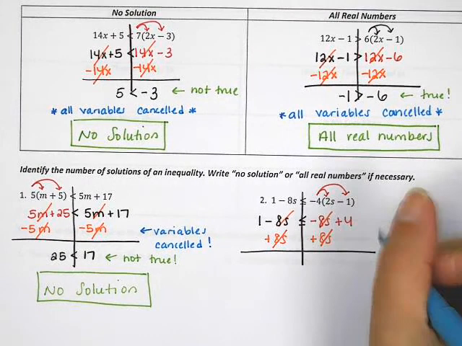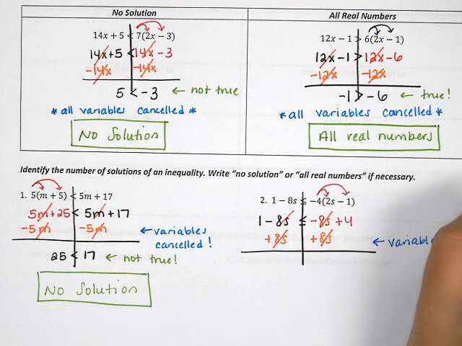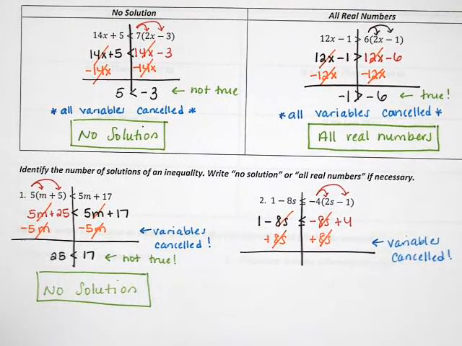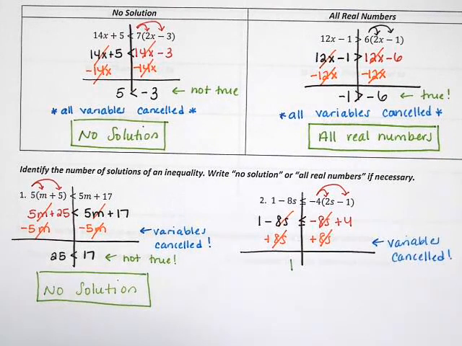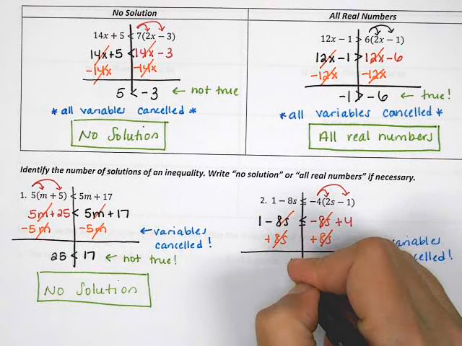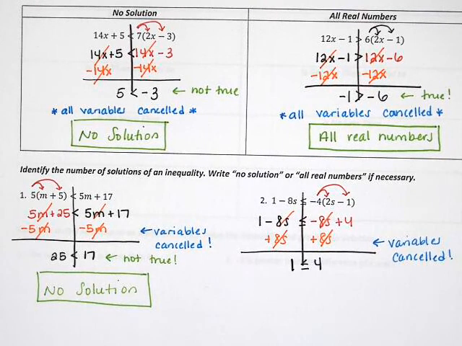So as soon as I see that the variables canceled, I know that I'm going to have a special kind of solution. I would have 1 is less than or equal to 4. Well, we have to decide if that's true or not.